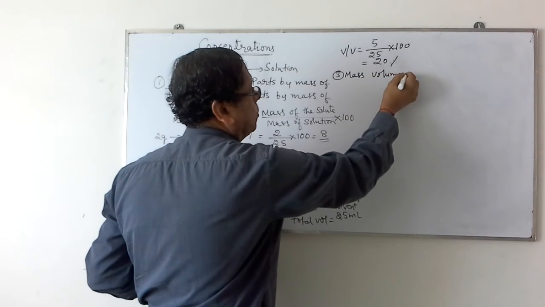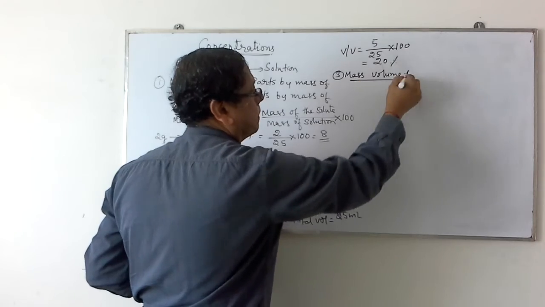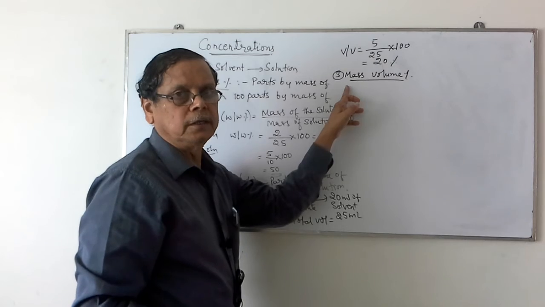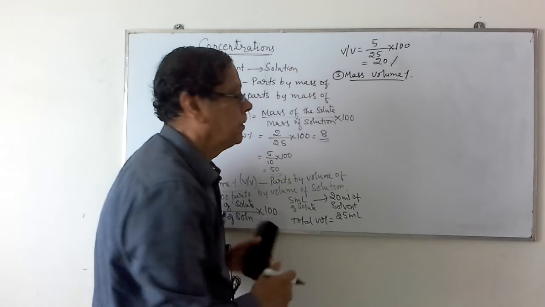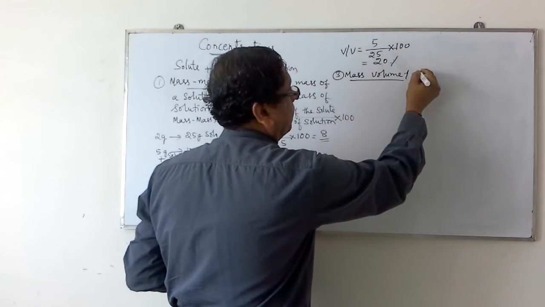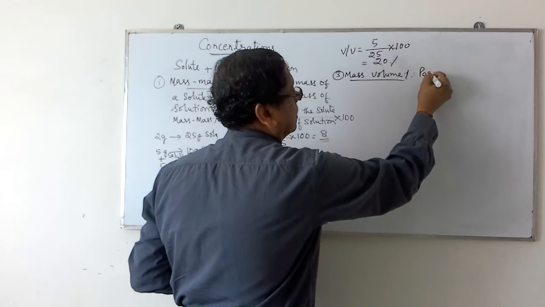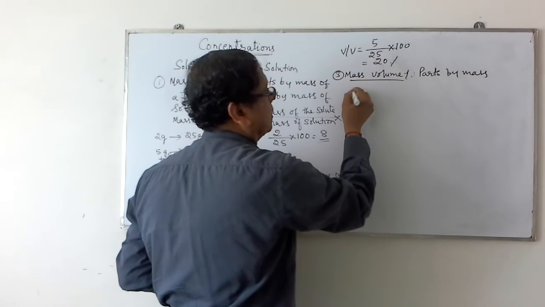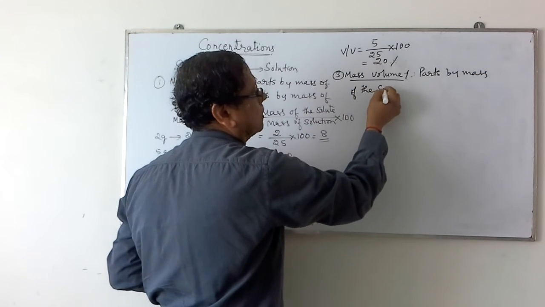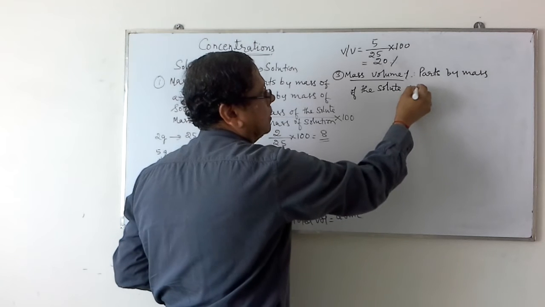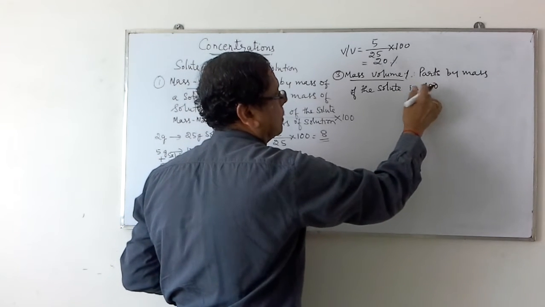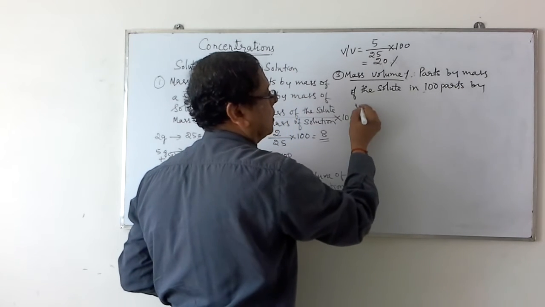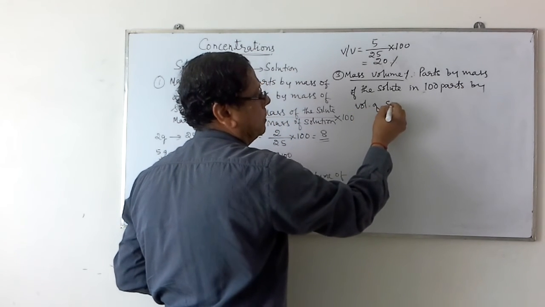Now let us take the third one, mass volume percent. This is usually for a solid solute dissolved in a liquid solvent. It is expressed in terms of parts by mass of the solute in 100 parts by volume of solution.